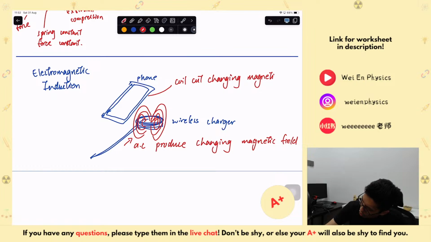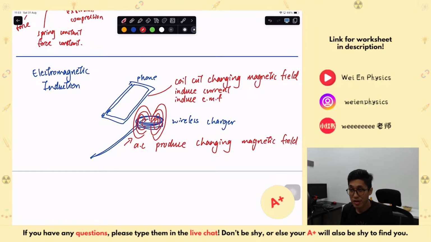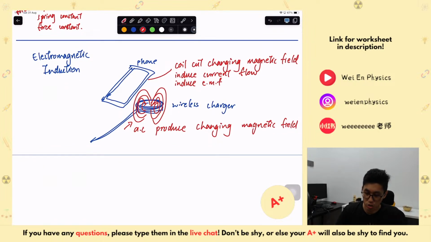The coil will cut the changing magnetic field, so this will induce current or induce EMF. You can write both. You can write this will induce an EMF and current flows in the coil to charge your phone. EMF means voltage, by the way. So this is one of the uses of electromagnetic induction, for a wireless charger.